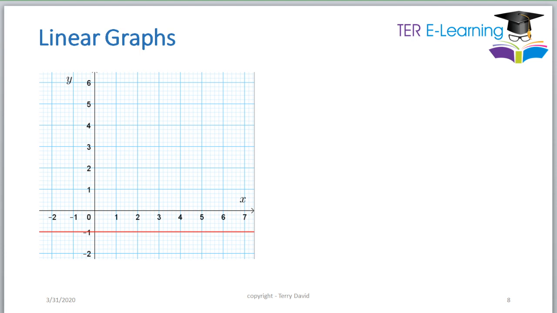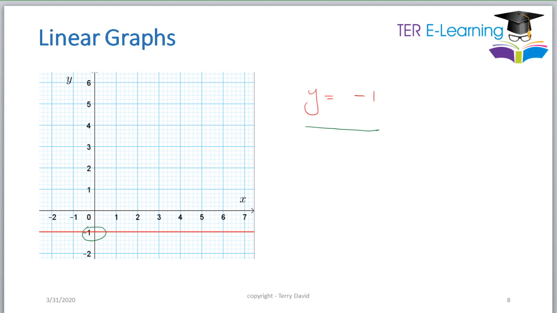Right, so I'm seeing y equal minus 1. That is correct because the line passes through this point here. So therefore the equation of this line is y is equal to minus 1, right? So when we have a horizontal line, the equation is always y equal to something, right?